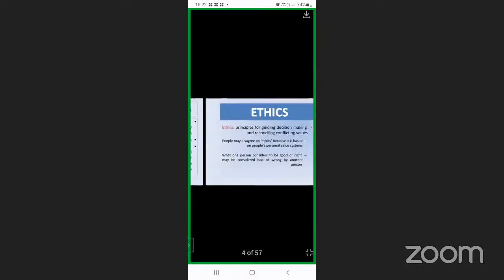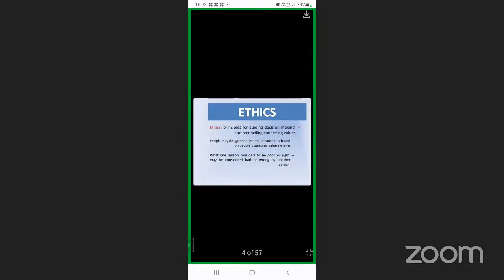Okay, so here again we can see the principles of ethics, or what is ethics? A principle for guiding decision making and reconciling conflicting values. Okay, so here each and every word is very useful, very important.